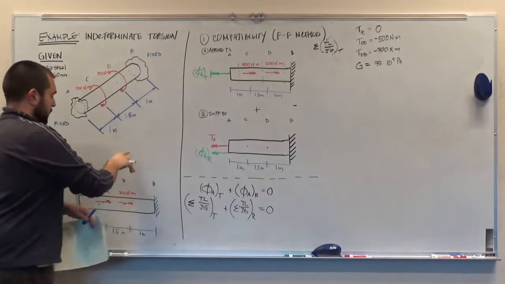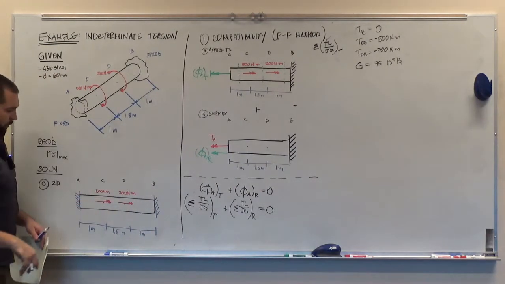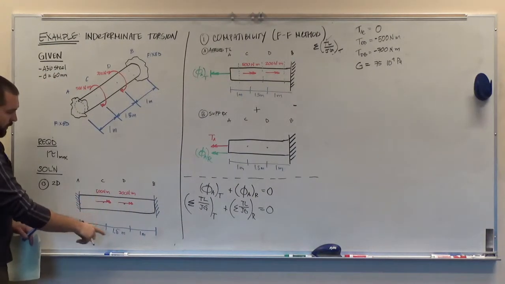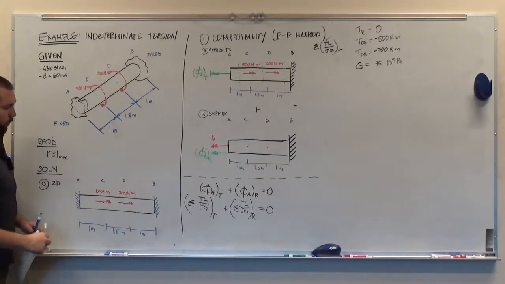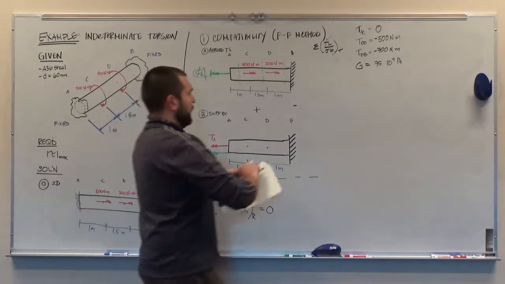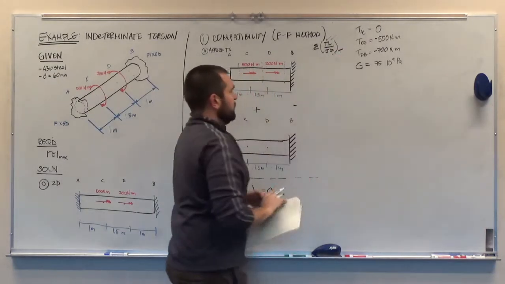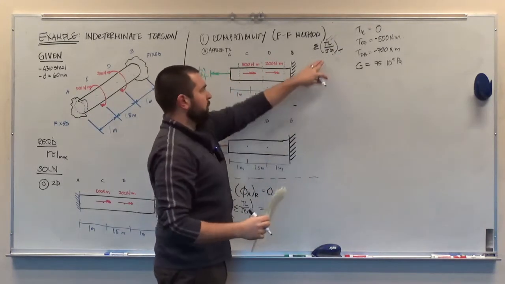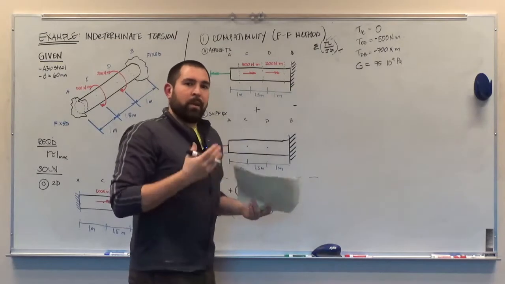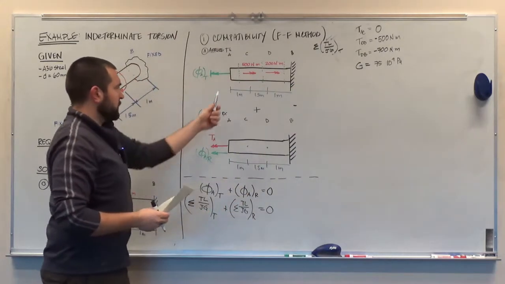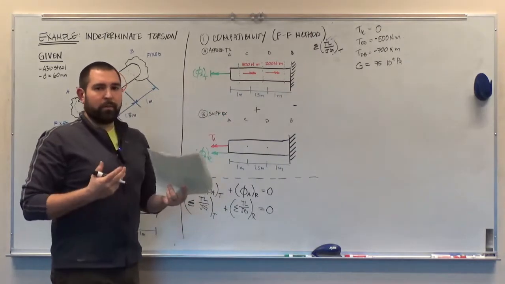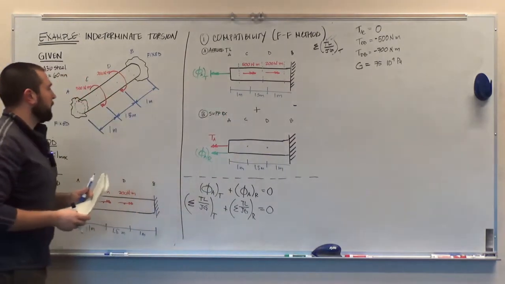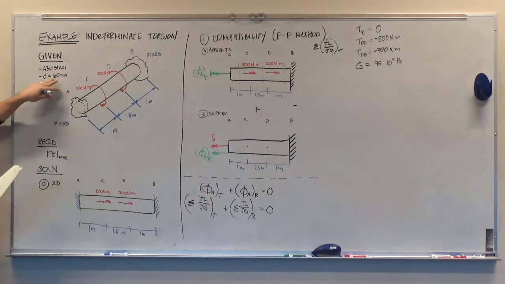All of the lengths are provided for the problem. So length AC is 1 meter, length CD is 1.5 meters, and length DB is 1 meter. So we have all the lengths as well. So we just have one minor calculation to do for the polar moment of inertia. Here it's relatively straightforward because this shaft is prismatic. It's the same diameter of the circular cross section the entire length. We're told that the diameter is 60 millimeters.